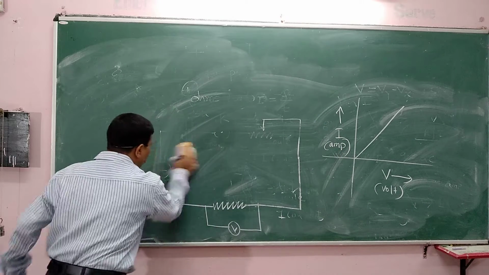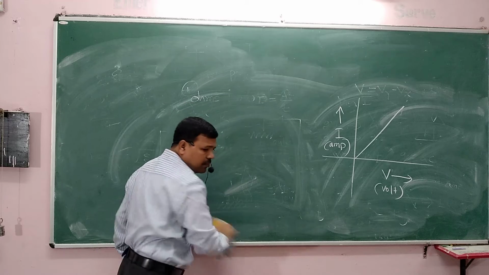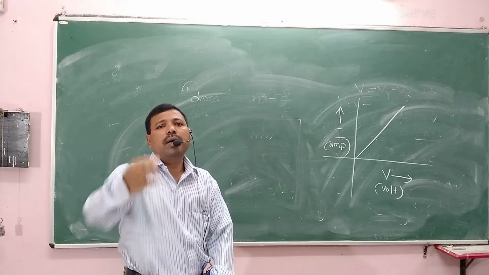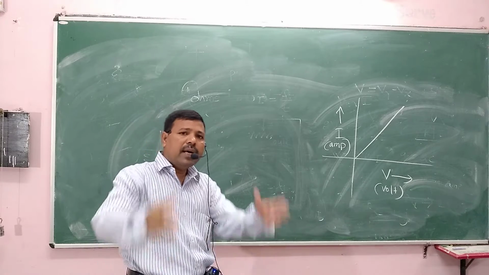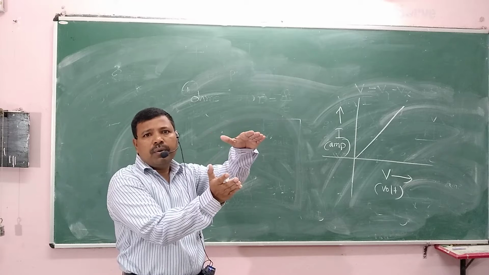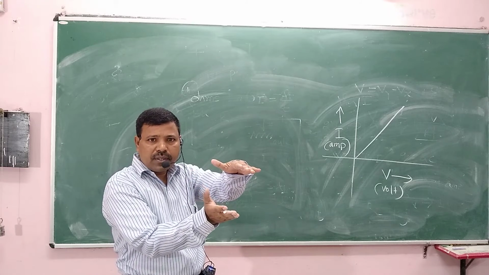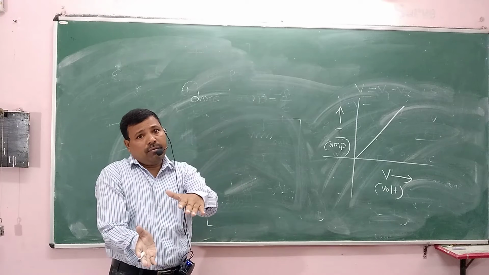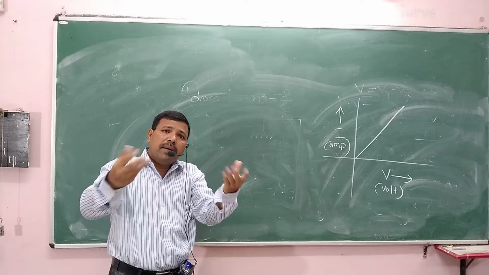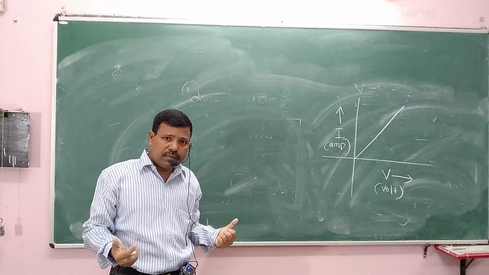Then let us discuss a very important factor, resistance. What is resistance? Just now we discussed that conductors have low resistances, semiconductors have moderate resistances, and insulators have very large resistances. Silver is the best conductor because it has the least resistance.